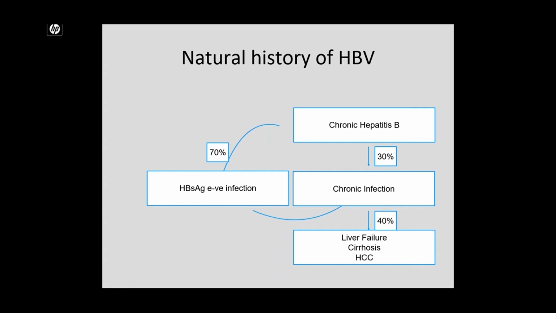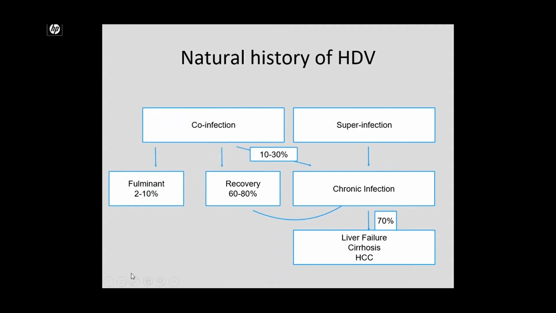After this, around 30% are likely to have chronic infection. And from these, 40% will develop liver failure, cirrhosis, or hepatocellular carcinoma. What will happen if a patient is super infected with hepatitis delta? It depends whether it is co-infection, as we have said.